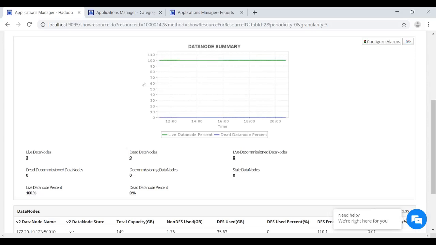So yeah, the different data nodes, the status, the memory, the HDFS memory used, all of those details can be tracked right here. Let me click on Yarn.